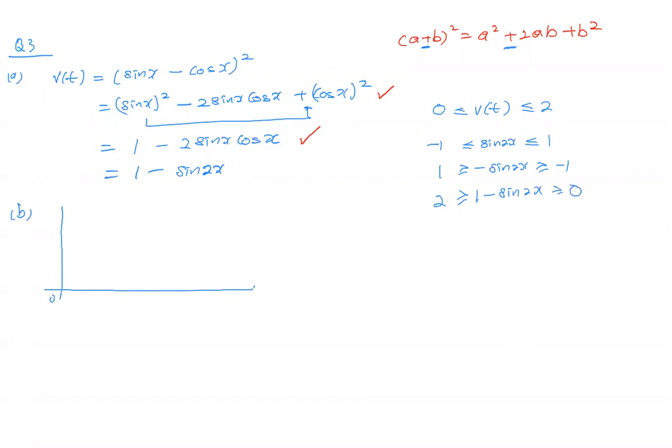Okay, so the graph go like that. Here is 1, 0, 1. Here is 2 pi, 0. Then the maximum here is, yeah. No, mine is wrong.